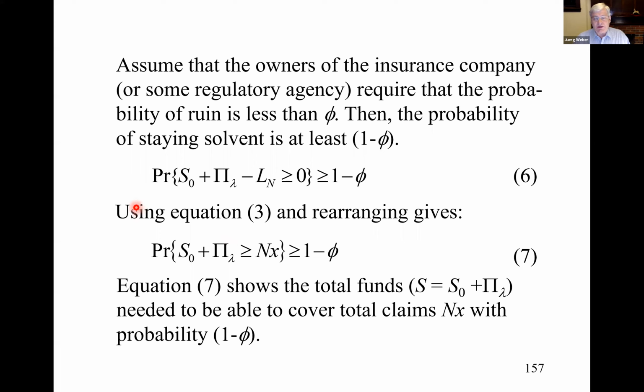So this inequality here will become an equality. Let's assume this premium income is given, and we will actually work with the minimum amount of equity capital. So there's really no reason to have here a surplus. Equity capital is expensive. So actually we work here now with an equality.